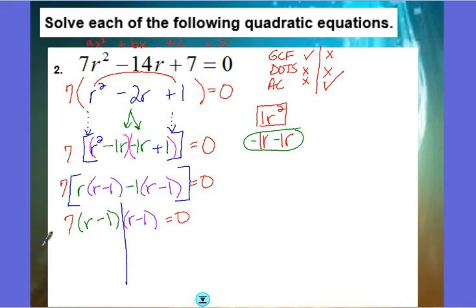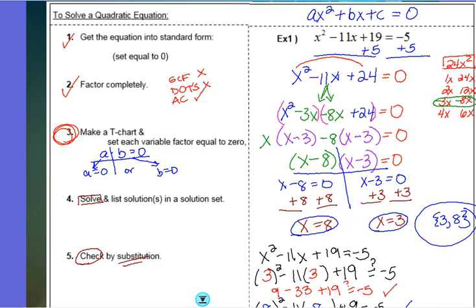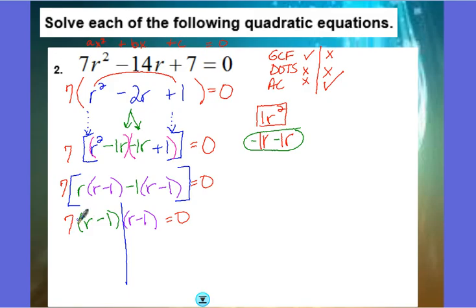I draw the t-chart, but if I read it carefully, it says to set each variable factor equal to 0. Now, there are three factors here: 7, this binomial, and this binomial. 7 is not a variable factor, so I do not have to set it equal to 0. Even if I tried, does 7 ever equal 0?